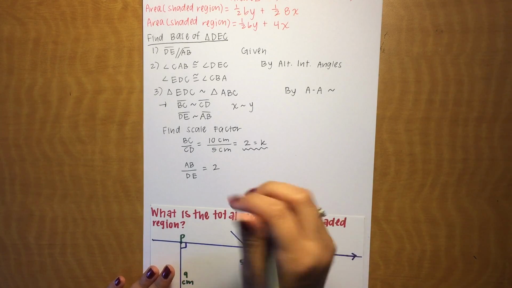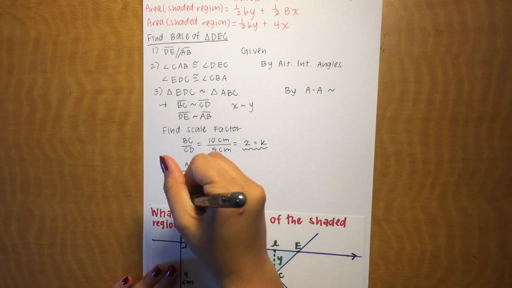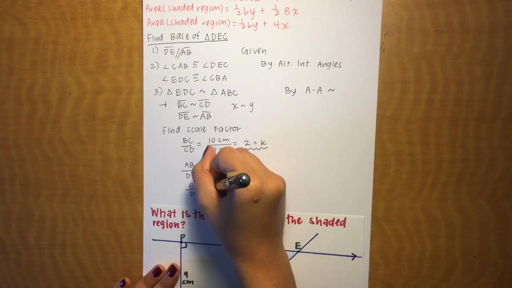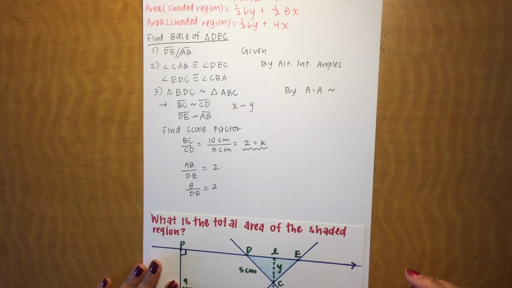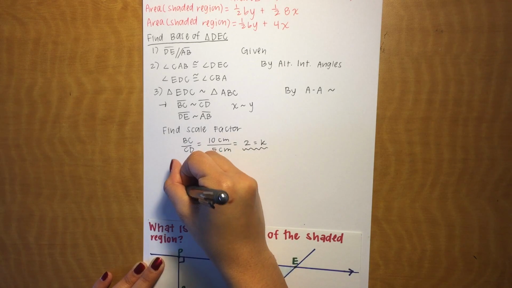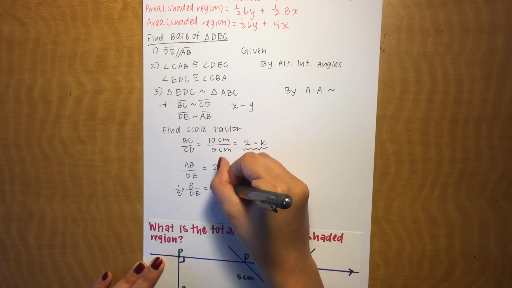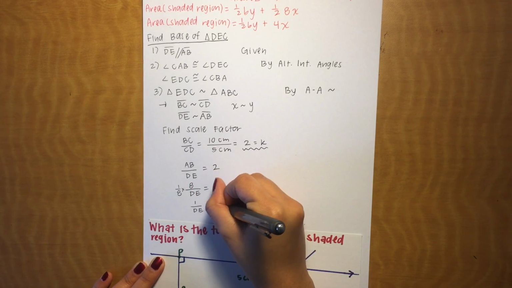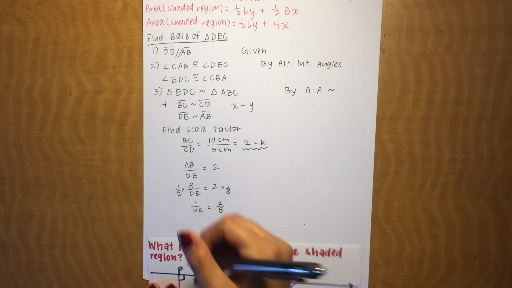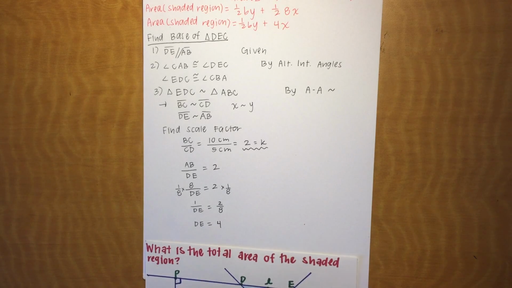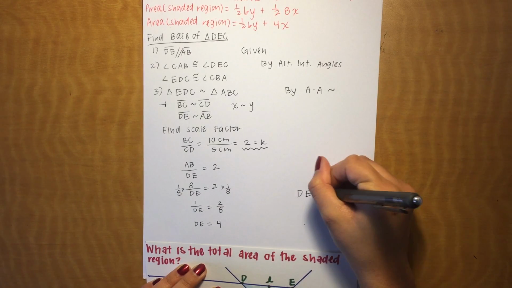AB is 8, so 8 over DE equals 2. Then we just do our math: DE equals 4. I'll put this on the side: DE equals 4.